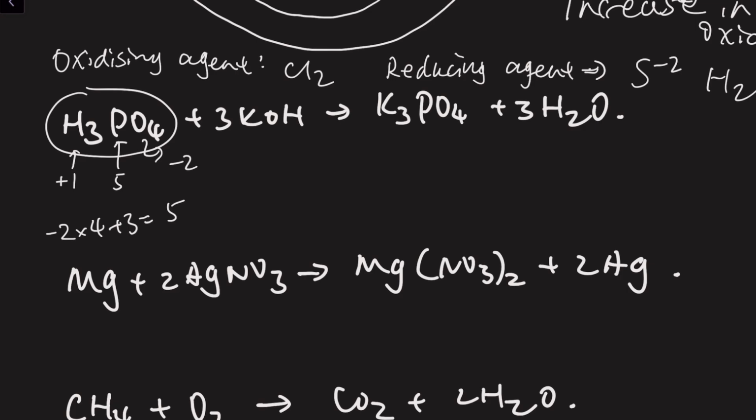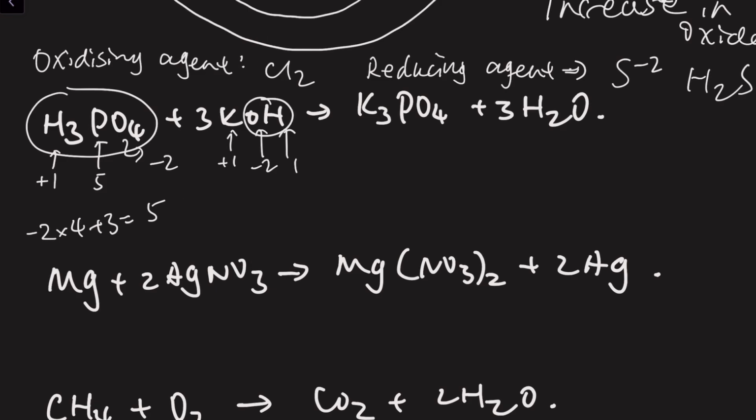For KOH, we know that K must be +1, since it is a group 1 metal. OH overall has -1 charge. So O is -2, H is +1. Here, K is still +1. Thus, the PO4 ion, you can derive this based on the charge for potassium, actually has a charge of -3.